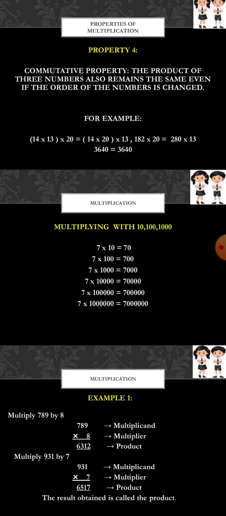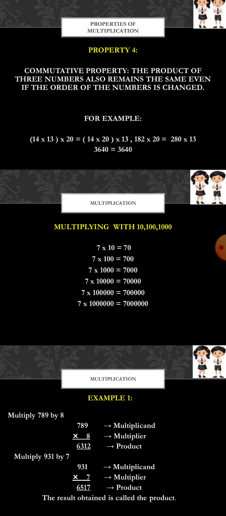Now 14 into 13 is 182 and when it is multiplied by 20, you will get the result 3640. Now we'll change the positions. We'll interchange the positions of 20 and 13. We'll shift 13 to 20's place and 20 to 13's place. Just see, 14 into 20 is 280 and then 280 multiplied with 13 is equal to 3640.